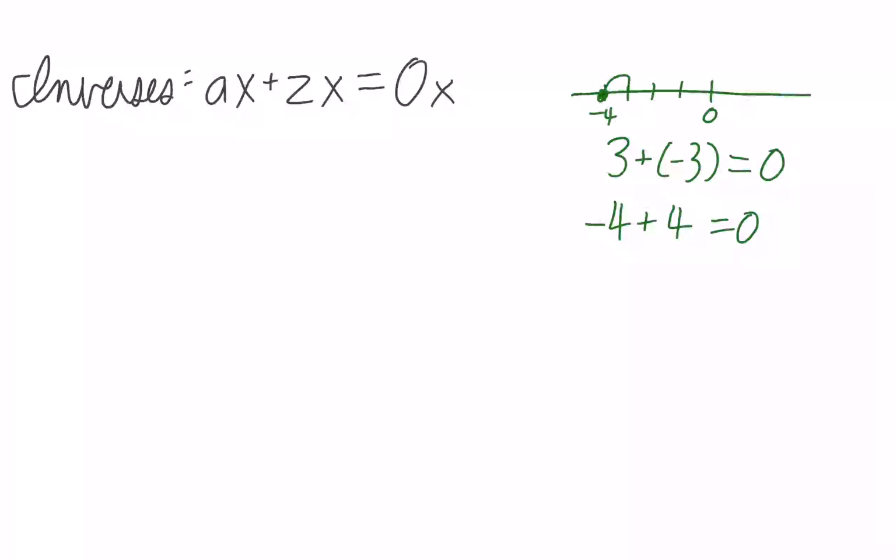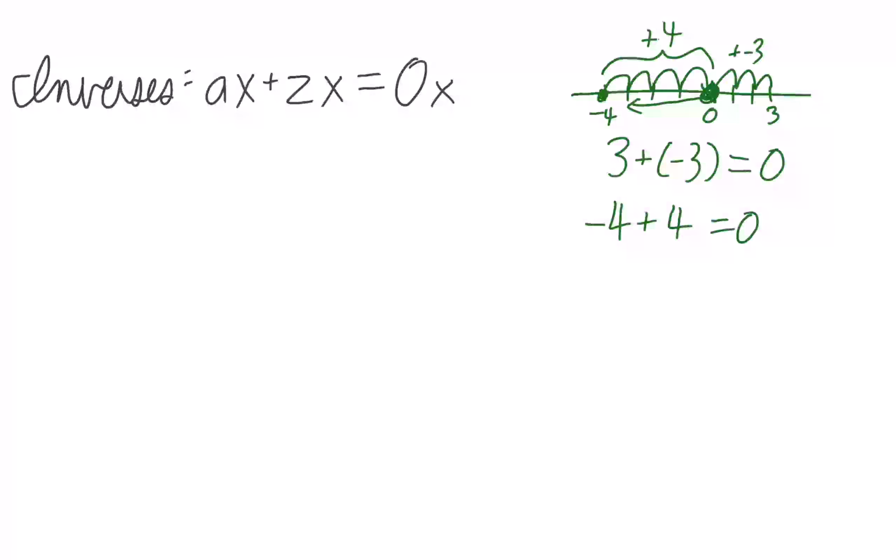If we start at negative 4 and go up by 4, we get to 0. If we start at 3 and add negative 3, so we're basically applying this vector right here to it that looks like subtraction because it's adding a negative, we get to 0. So that's that mutual assured destruction property of two opposites. So we're going to use that.